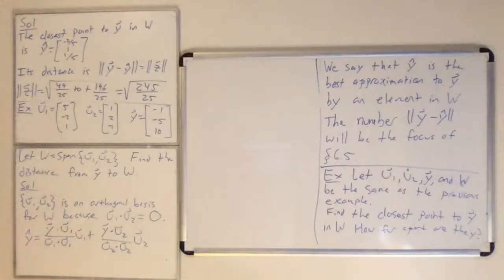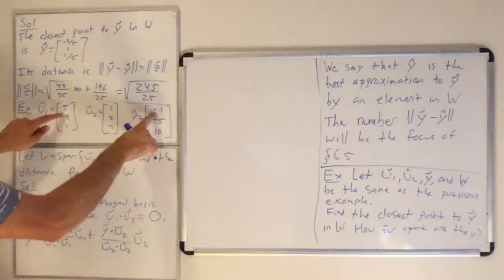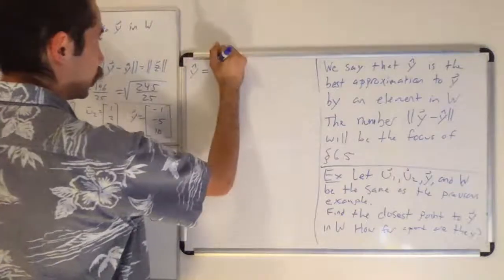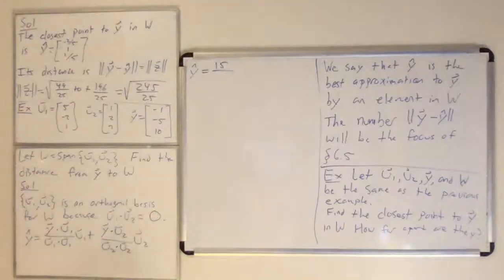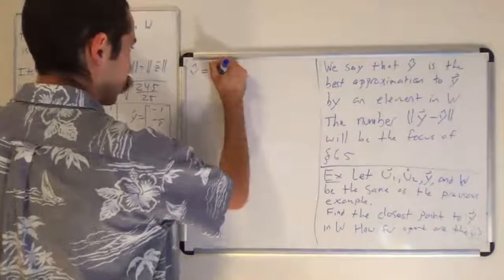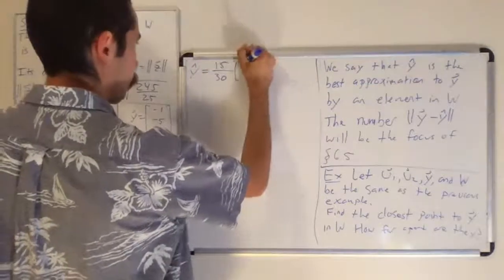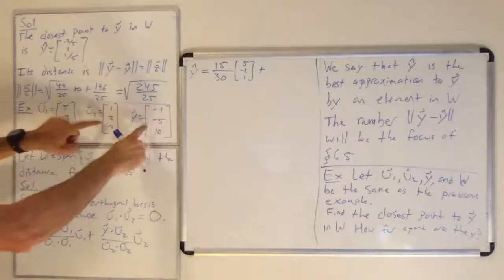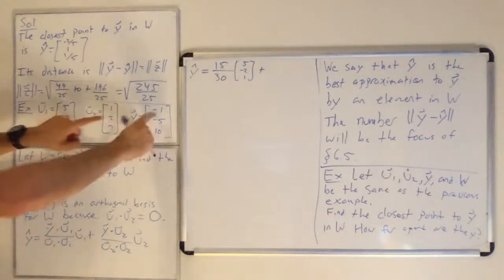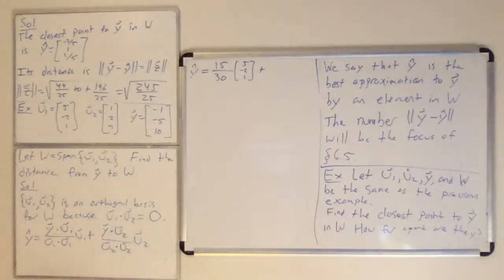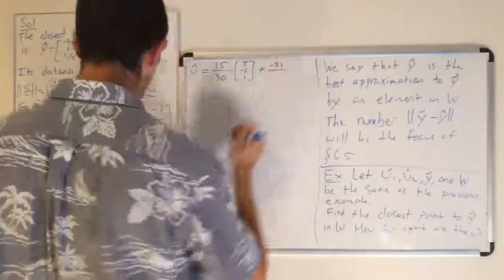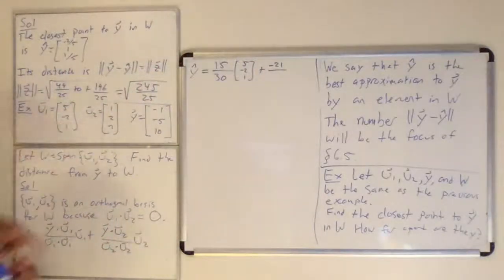Y dot u1 is negative 5 plus 10 plus 10, which is 15, over u1 dotted with itself, 25 plus 4 plus 1. Y dotted with u2 is minus 1 minus 10 minus 10, that's negative 21, over u2 dotted with itself, which is 1 plus 4 plus 1, which is 6.